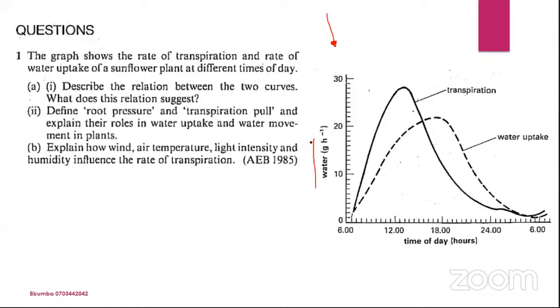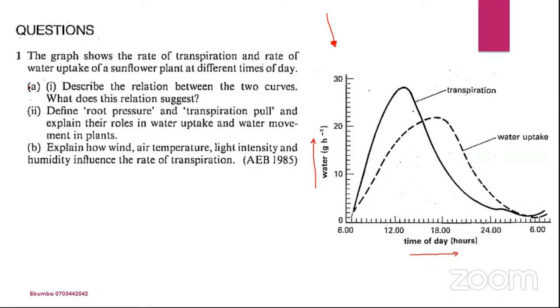What is the vertical axis measuring? This is water in grams per hour. And then the horizontal axis is measuring time of day in hours. And then this solid line shows transpiration. And then this one shows water uptake, the dotted line.